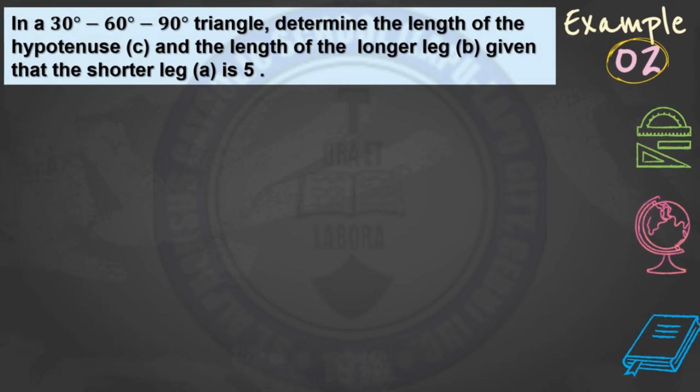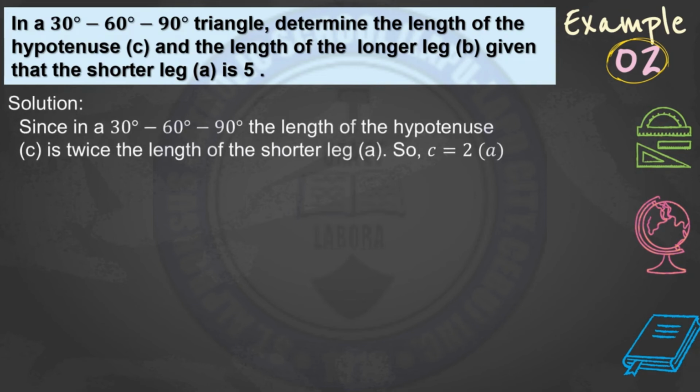Example number 2. In a 30-60-90 degrees triangle, determine the length of the hypotenuse and the length of the longer leg. Given that the shorter leg is 5, the hypotenuse is represented as c, the longer leg is represented as b, and the shorter leg is represented as a. For the solution, since in a 30-60-90 degrees triangle the length of the hypotenuse is twice the length of the shorter leg, c is equal to 2a.